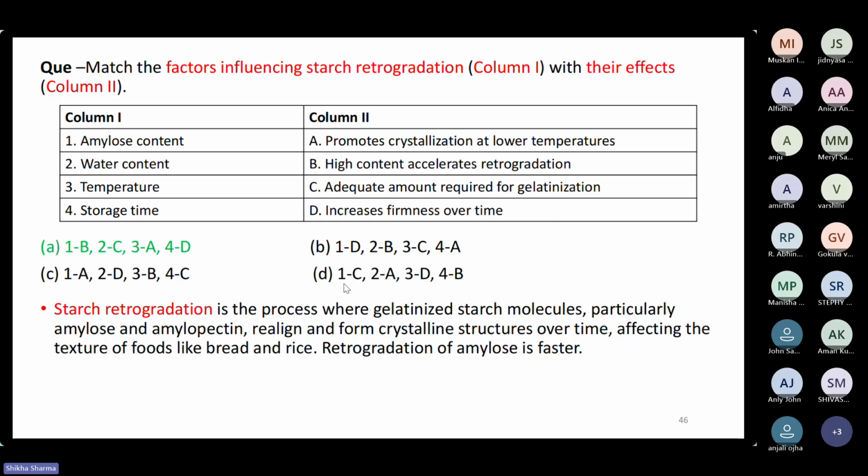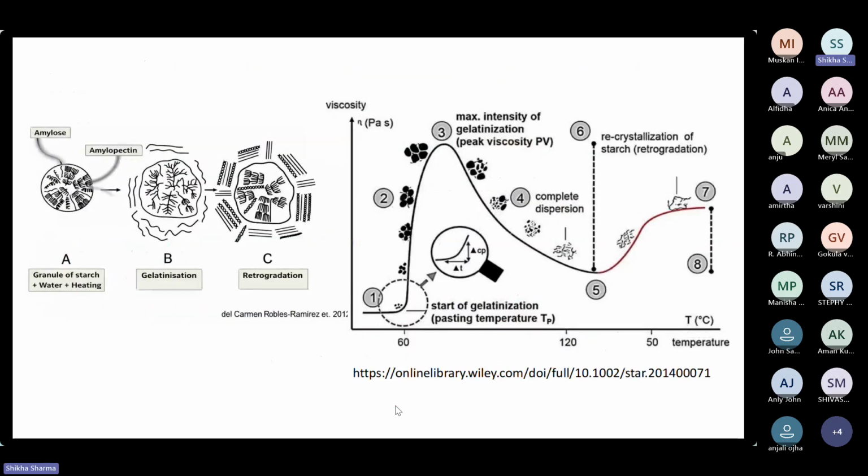So what is happening is starch retrogradation. It is a process where gelatinized starch molecules, particularly amylose and amylopectin, realign and form crystalline structures over time, which affects foods like bread and rice. Amylose has a faster rate of retrogradation because of its packed structure, which we just discussed.